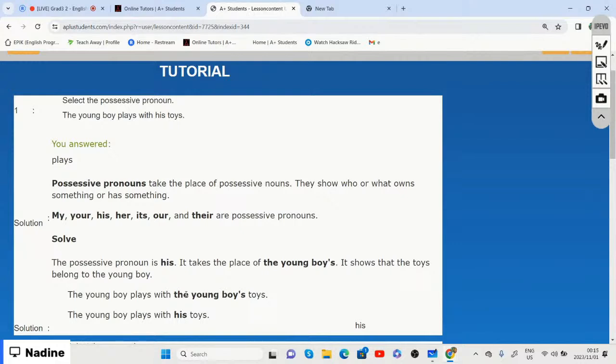And it takes the place of the young boy's. And it shows that the toys belong to the young boy. So if we also want to replace that noun, we can say the boy plays with his toys.